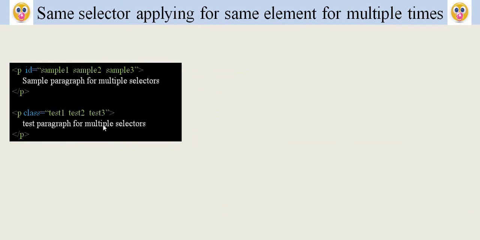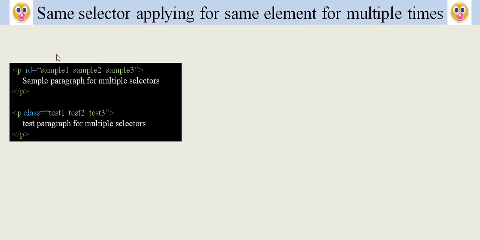Now, what if the same selector applies to the same element multiple times? I am taking one HTML file as an example. Within the ID attribute we have created three references: sample 1, sample 2 and sample 3. If we give a space between two keywords within the ID attribute, that means we have created three ID selectors.